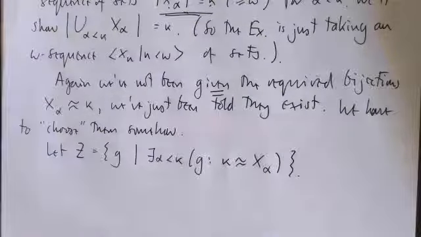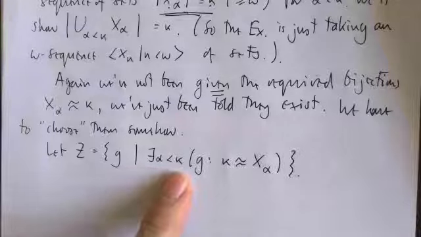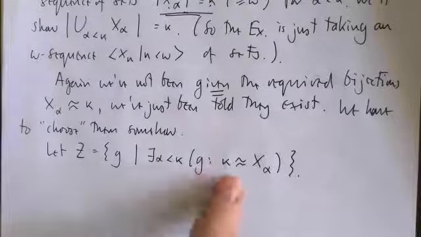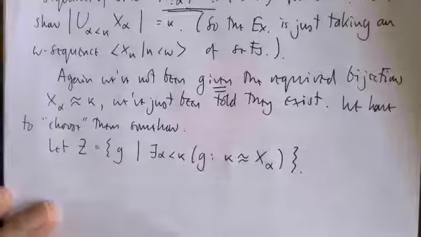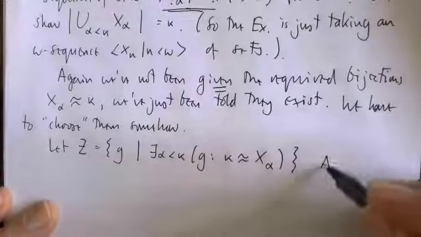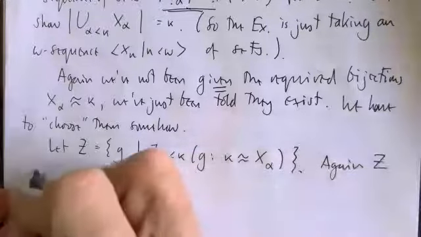So if you look back and compare what we did then, we said there was an i less than omega, which took omega bijectively with Xi. So again, Z is a set.